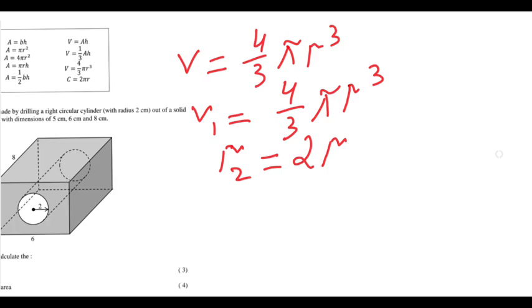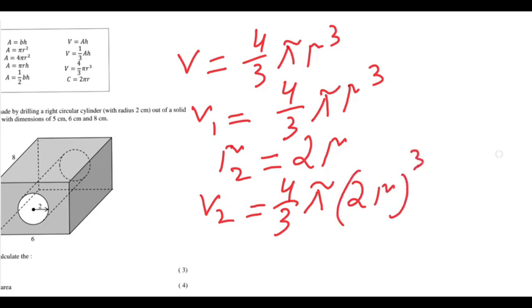So the new volume, I can say V2, is going to be 4 over 3 pi, but the radius is going to be 2R now. Remember, in place of this R it's going to be 2R. So 4 over 3 pi 2R cube, I'm going to simplify, means 8R cube.